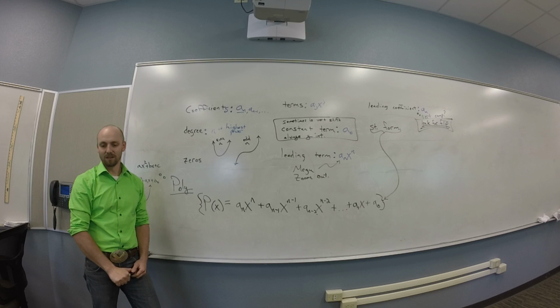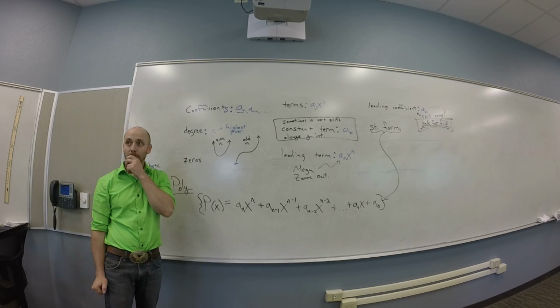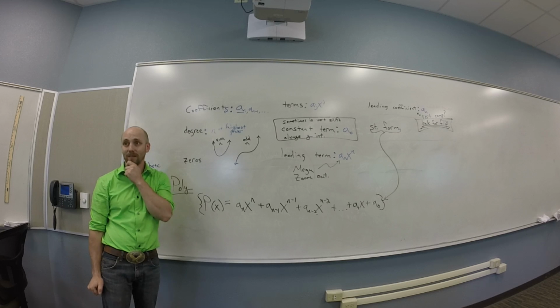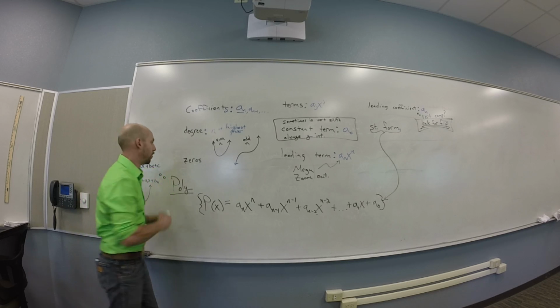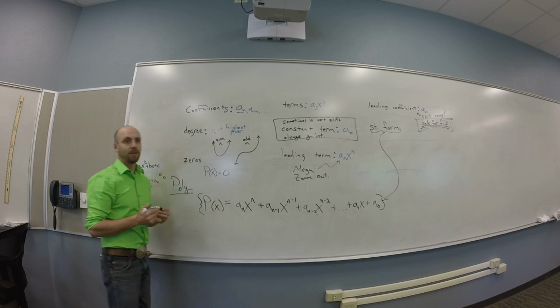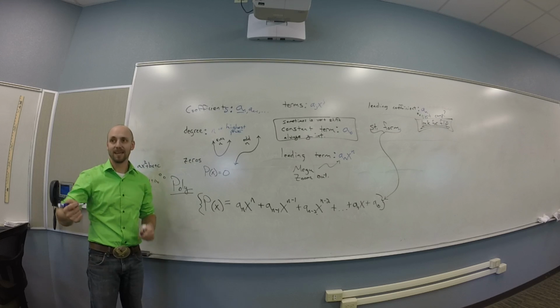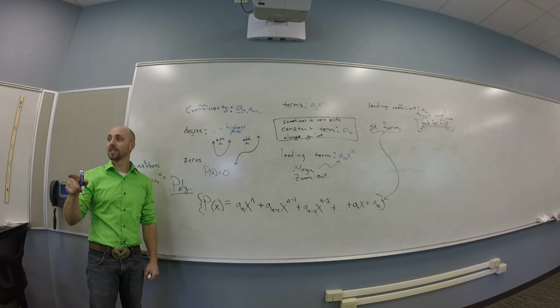Basically. Okay, I didn't talk about zeros. Those are solutions to the thing, right? Yeah, zeros are the solutions to p of x equals 0. The important thing for this is how many of them can there be? With an even degree, it could be 0. With an odd degree, it has to be at least 1. Cool, that's a good observation.